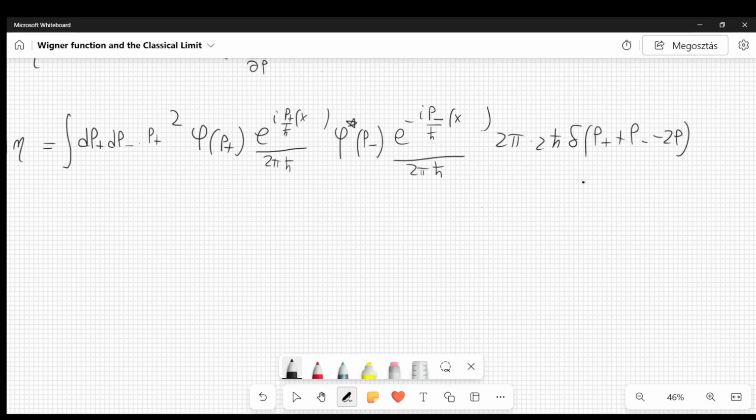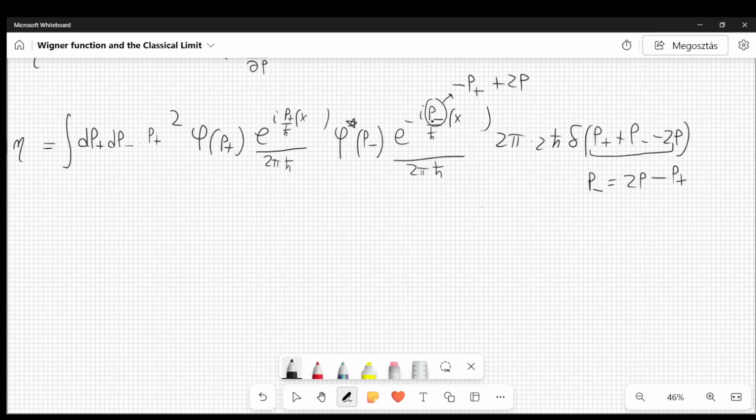This can be done if we evaluate this p minus at minus p plus 2p. It's quite easy to see this because the peak of the Dirac delta is when this is 0. So we can solve for p minus, and we get p minus equal to 2p minus p plus.